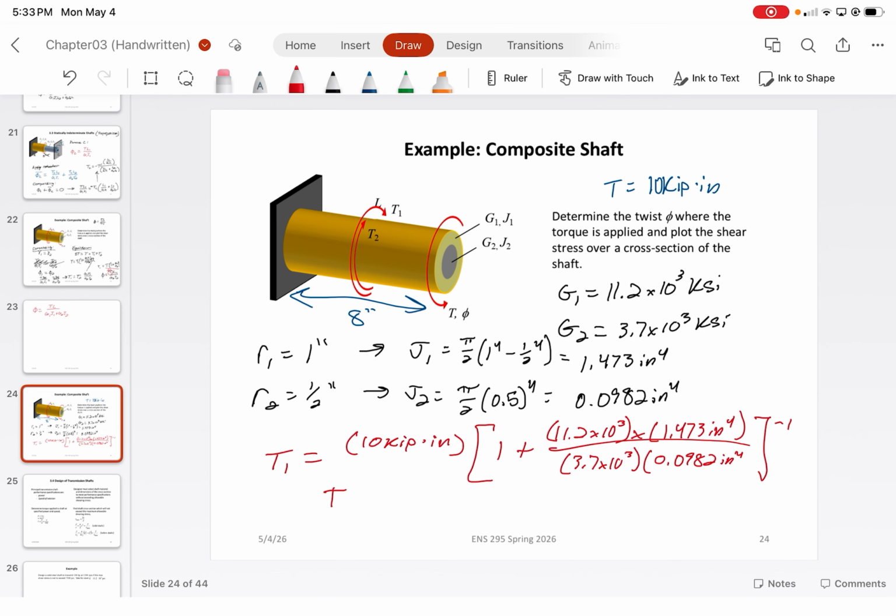I get a torque of approximately T1 equaling 0.22 kip inches, which would mean that T2 is far greater, being 9.78 kip inches.